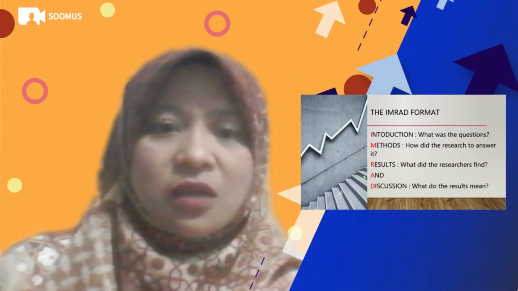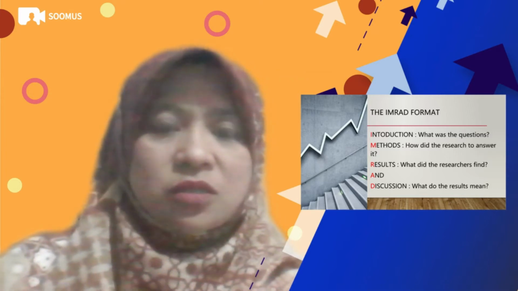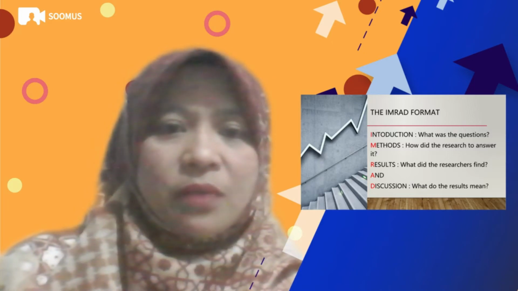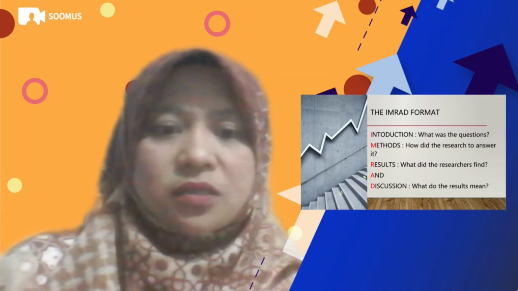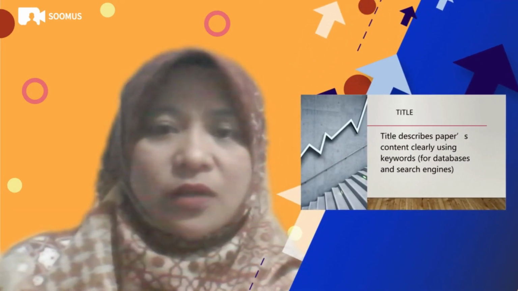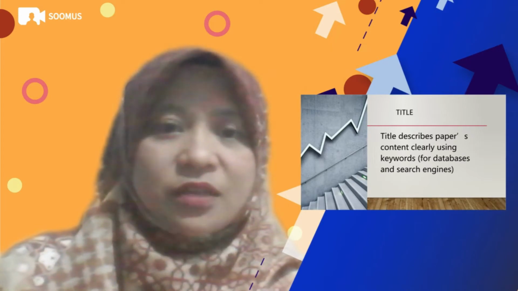M for methods will consist of how the research was done to answer it. And R for results, we'll talk about what the researchers found. And discussion, what the results mean.